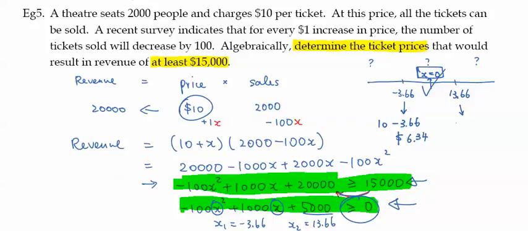Or if you decide not to bring in too many people, you can raise the price all the way to $23.66. You are going to get fewer people to come into your theater and watch a movie. But there are some reasons why you want to do this.